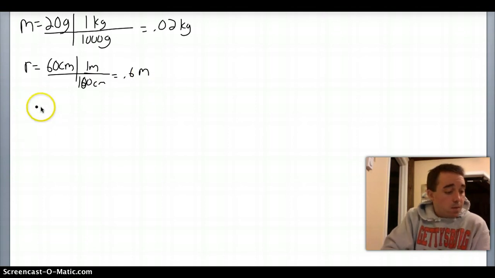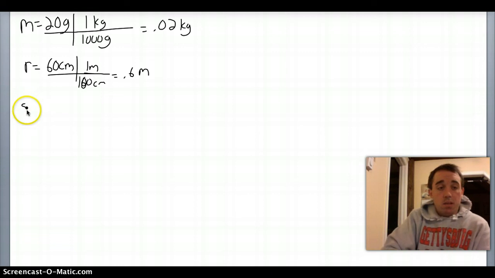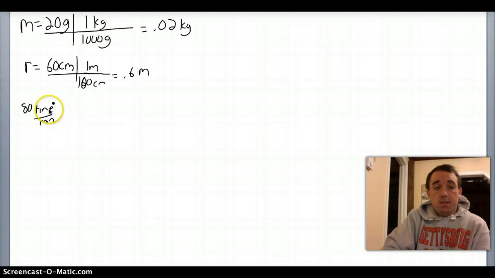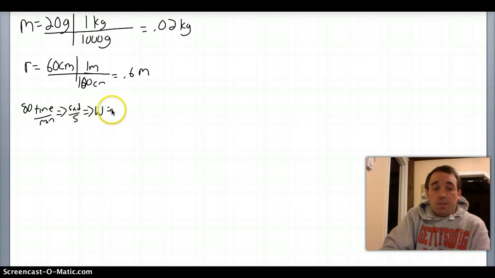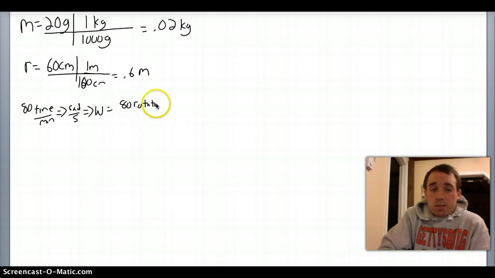And then my 80 times per minute, times is kind of revolutions, so this is ultimately going to get into radians per second, which means that it is an omega, but I've got to convert. So 80 times means 80 rotations, or revolutions, and this one's kind of ambiguous.